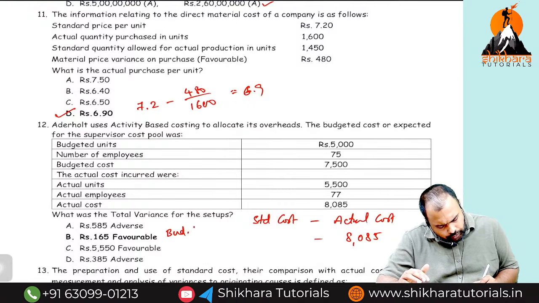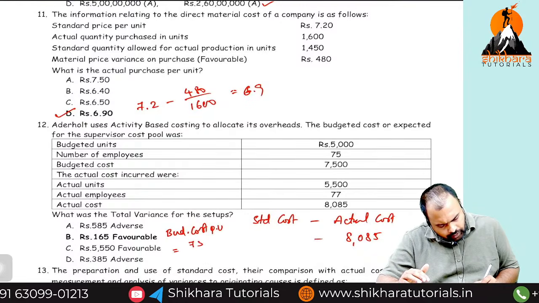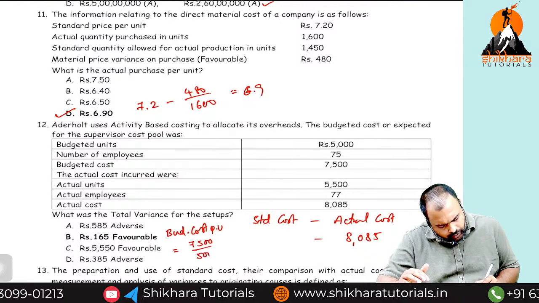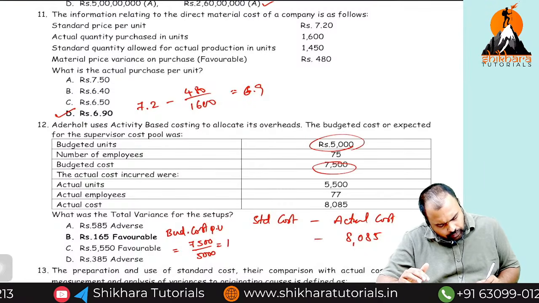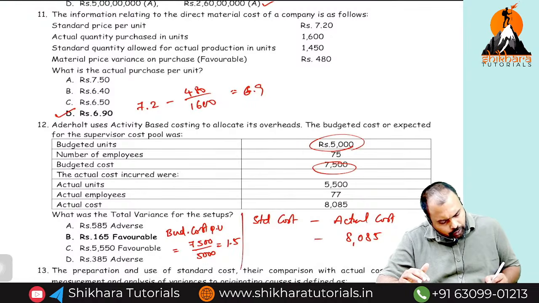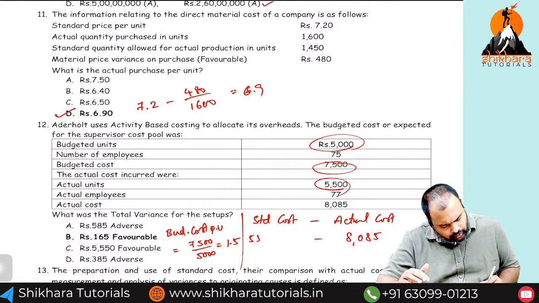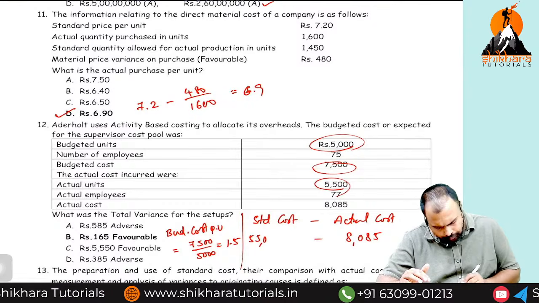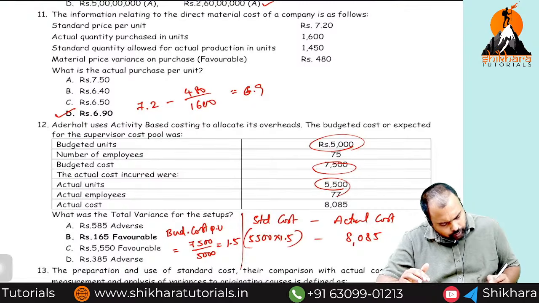Now, it is based on budgeted cost per unit. Budgeted cost per unit is nothing but 7500 divided by 5000. 7500 is the cost for 5000 units, which is 1.5. Now, standard cost is for actual output, which is 5500. So 5500 into 1.5, that has to be the standard cost, and the difference with actual cost.